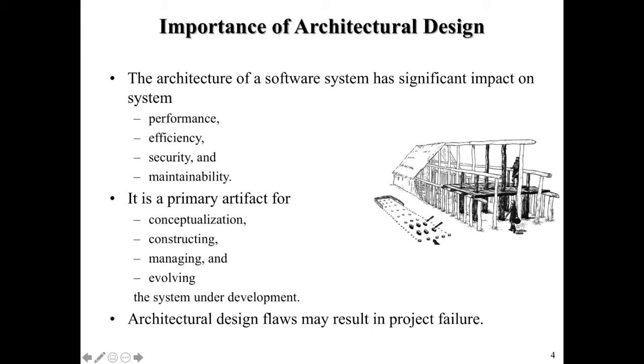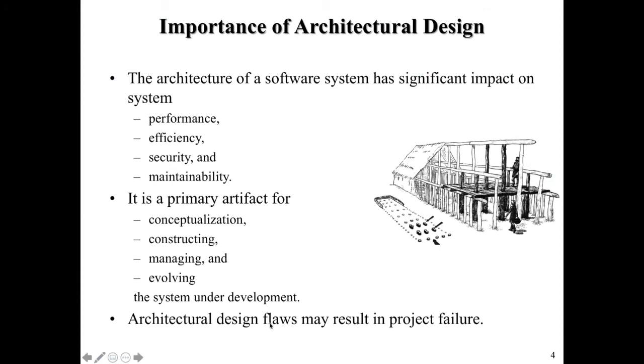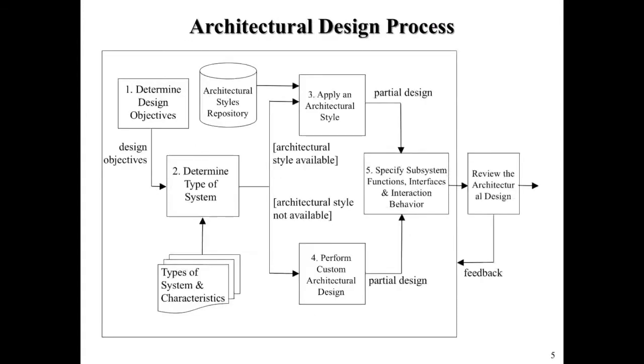If there is any major flaw in our architectural design, then it may result in project failure, because if you missed some important thing or you make a wrong choice for your architecture, then maybe the performance, efficiency, and security requirements are not met, which essentially means the project is not successful. So we have to be very careful while selecting the architecture.